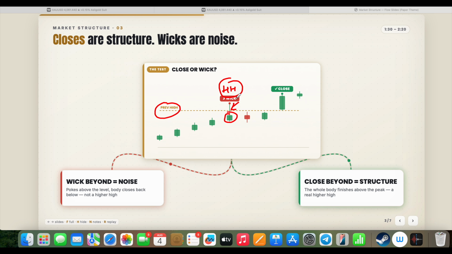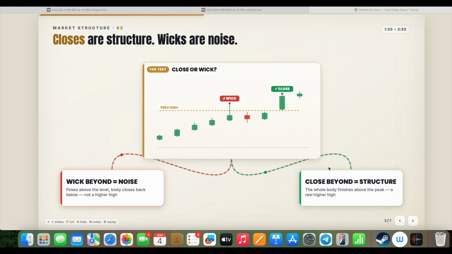So this is not a higher high. The wick is just noise. Price tried to go up, but it got pushed back down. A real higher high is when the candle closes above the previous peak, like this one right over here. See how the full body finishes above the old high.